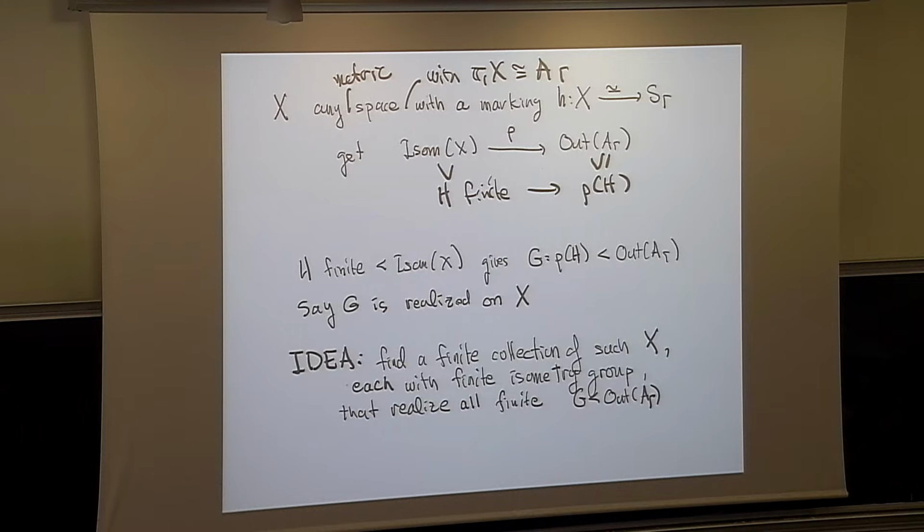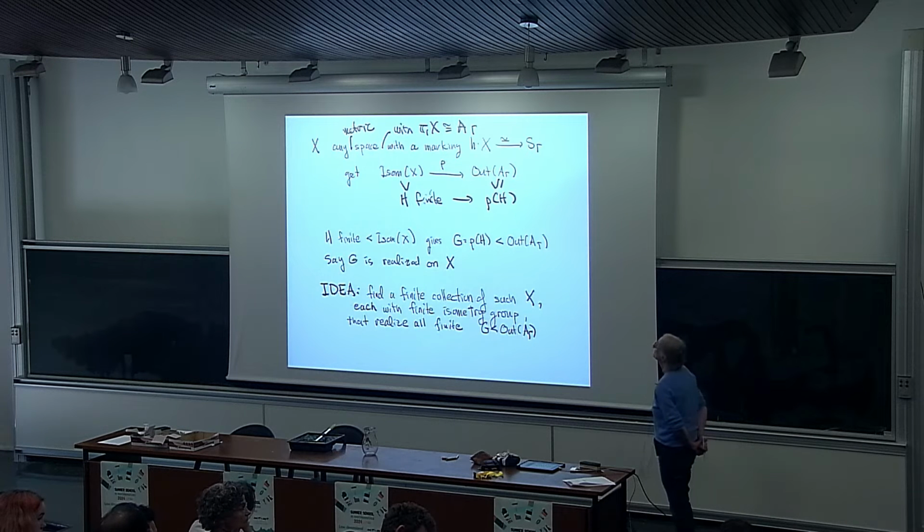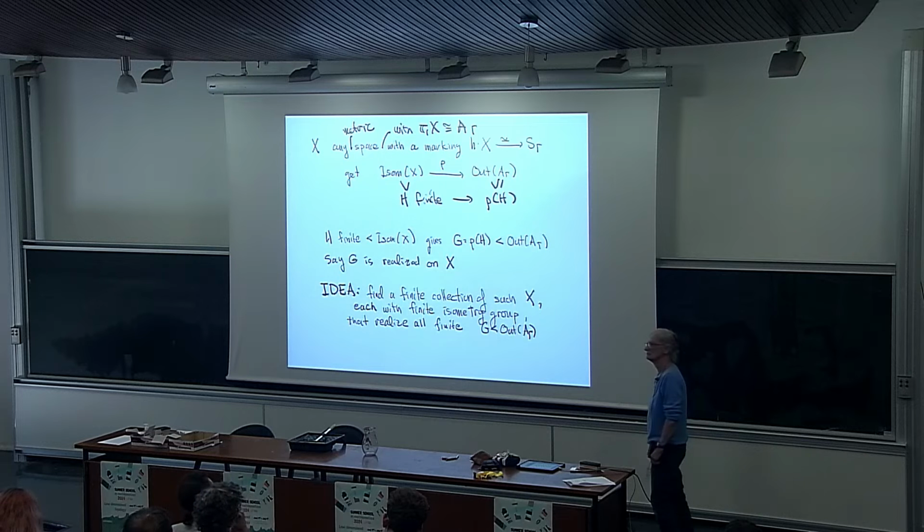But you don't need to; we could talk about homeomorphisms of X. So h is just a homotopy equivalence from X to my K(A gamma, 1). No, it just has the same fundamental group, it's a homotopy equivalence. Yeah, I guess so.